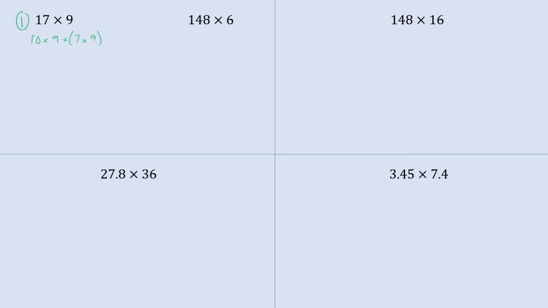And if you wanted to stick some brackets around that to make it a little bit more clear, then you could do. That's what I'm thinking when I do a calculation like that. So 10 times 9 gives me 90. 7 9s are 63. Add the two things together, we get 153.